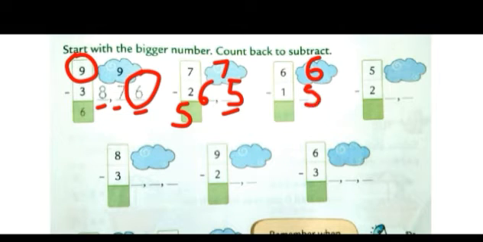Just before 6 is 5. So, our answer is 5 because we have to subtract only 1. Okay, moving on to the next one. 5 minus 2. Which is the bigger number? 5. So, let's write it in this cloud. Okay, starting from 5, now we need to count back 2 numbers because we have to subtract only 2. Let's do that.